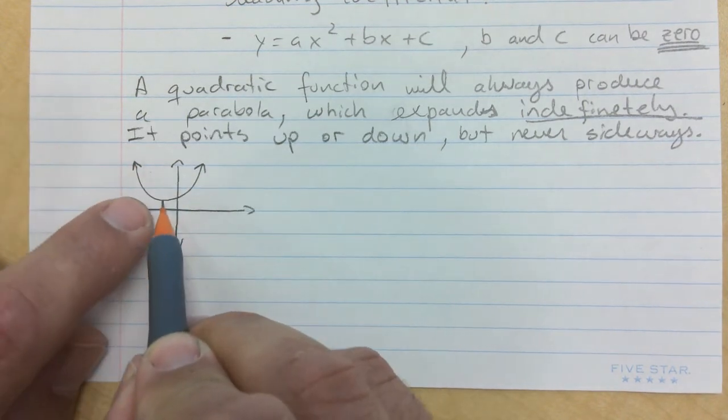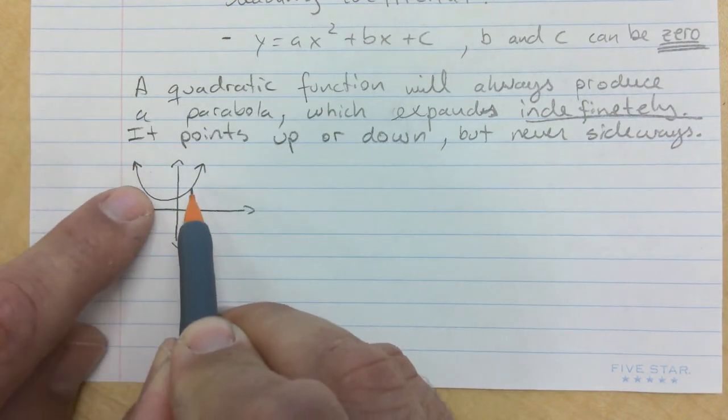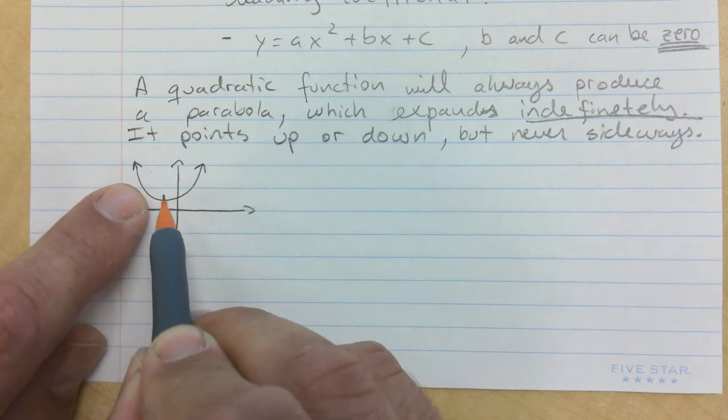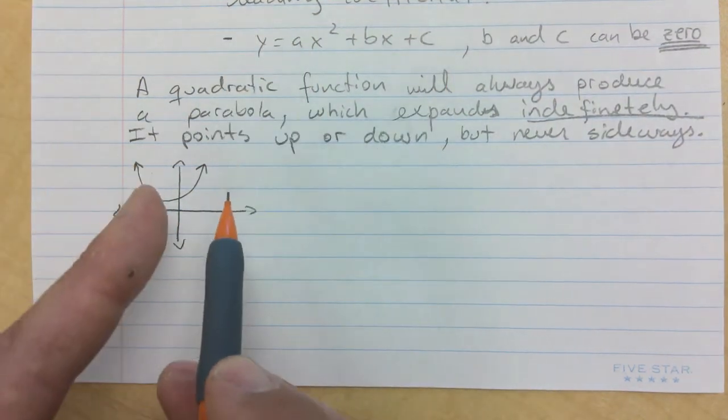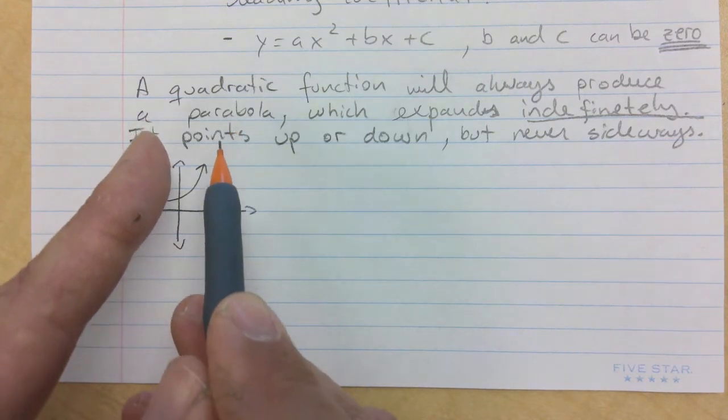Watch that the graph is not a U, okay? A U, actually, those arms will open up and then just run parallel. That would not be a quadratic.